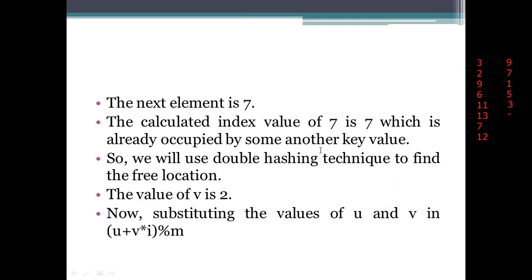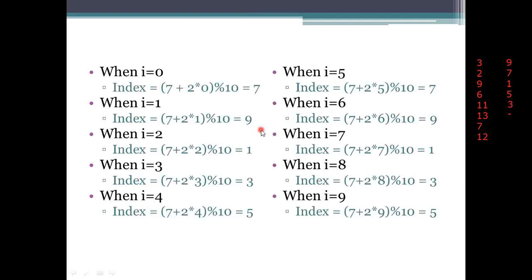Go for the 7. So the calculated value is 7 for the U, and then for the V it is 2. So substitute that into the formula you are having. By that we are getting the value U into V, where U value is 7 and V value is 2. Up to 9 we have calculated.